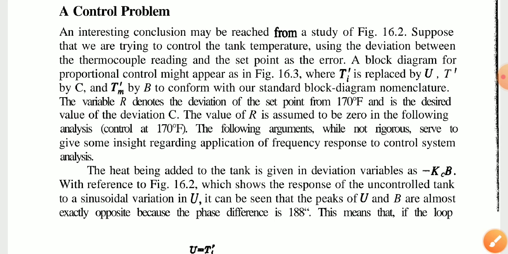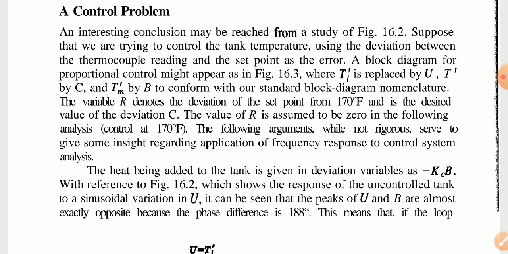An interesting conclusion may be reached from a study of figure 16.2. Suppose that we are trying to control the tank temperature using the deviation between the thermocouple reading and the set point as the error.